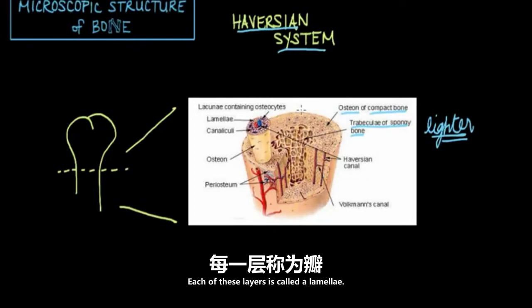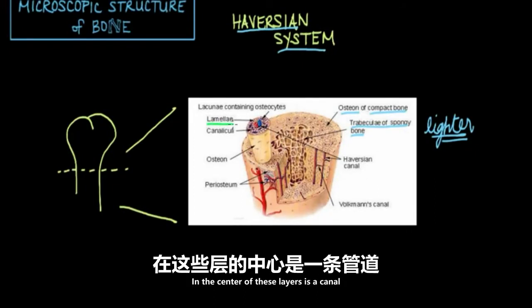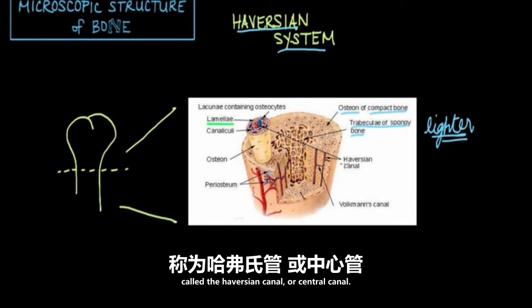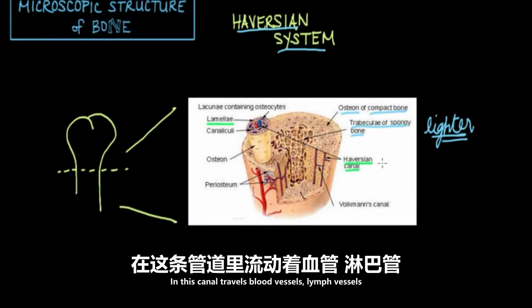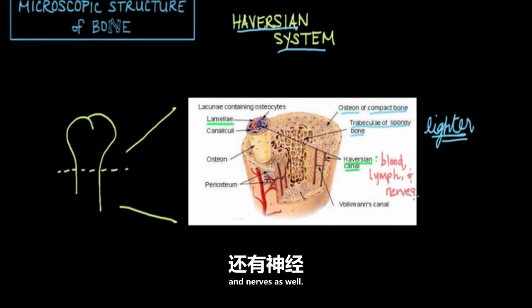Each of these layers is called a lamella. And in the center of these layers is a canal called the Haversian canal, or central canal. And in this canal travel blood vessels, lymph vessels, and nerves as well.